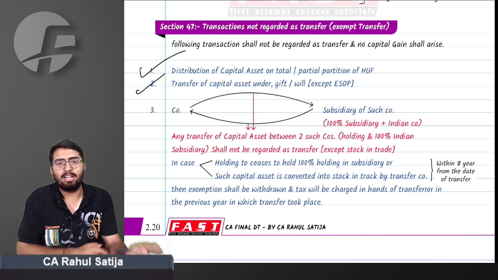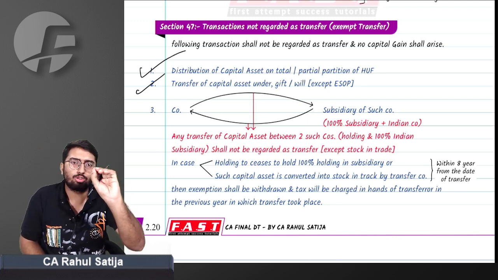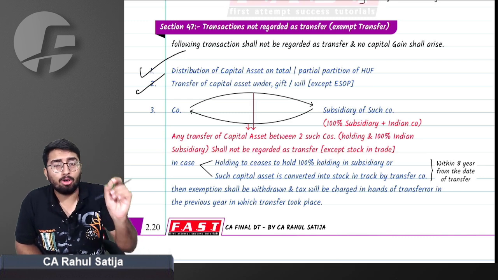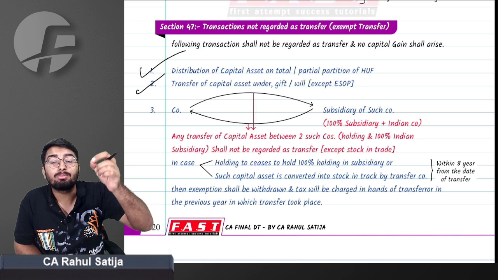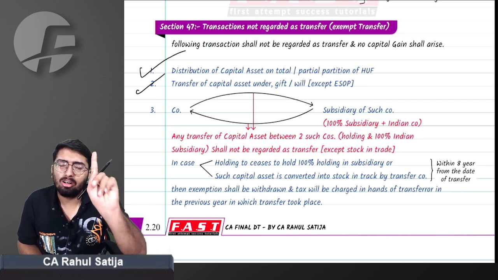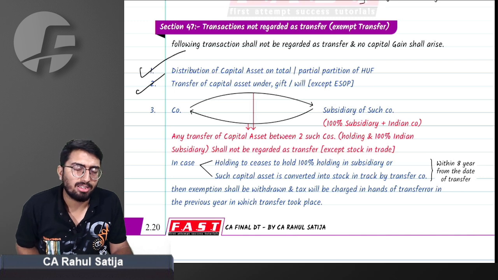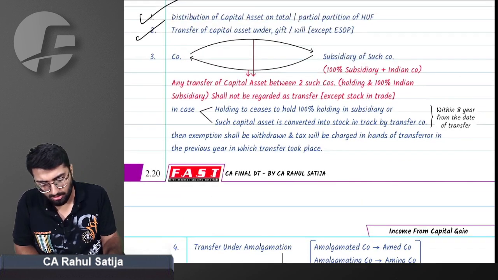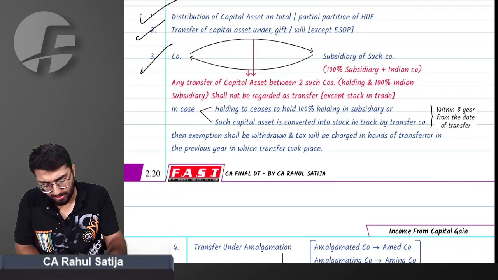Two conditions are to be met. The 100% parent-subsidiary relationship has to be maintained throughout. And second, the transferee company, the company to whom the asset is transferred, shall not convert such capital asset into stock in trade. This is to be checked really well. This was transfer between parent company and subsidiary company.